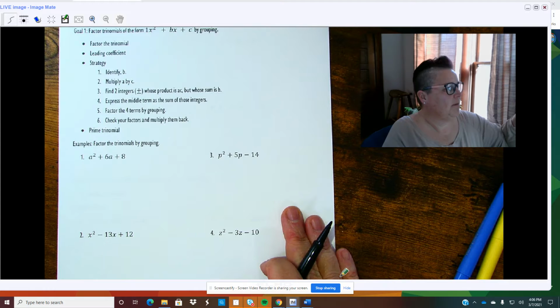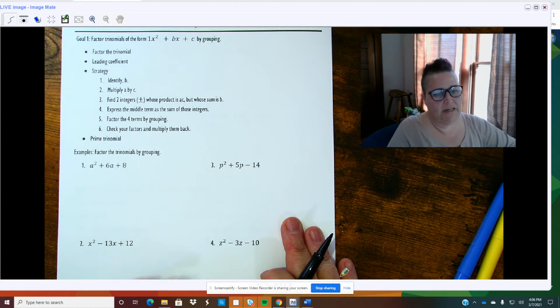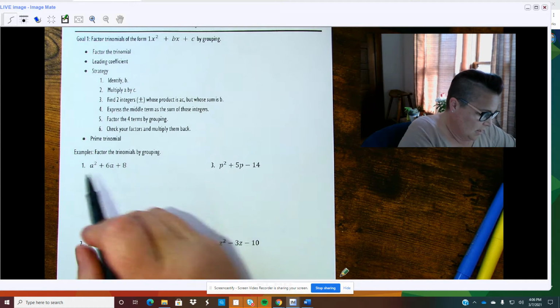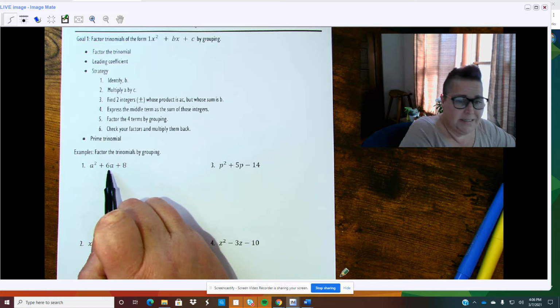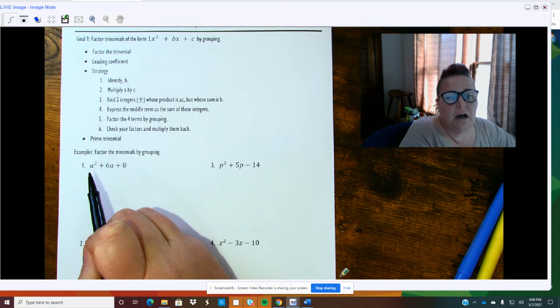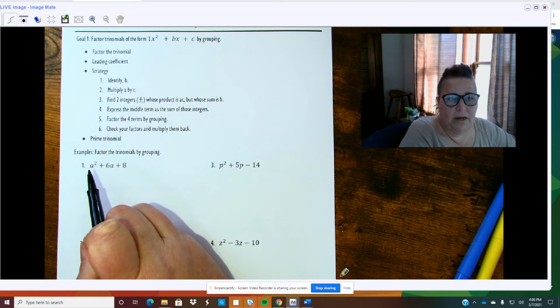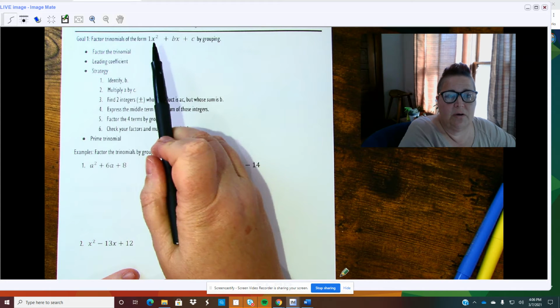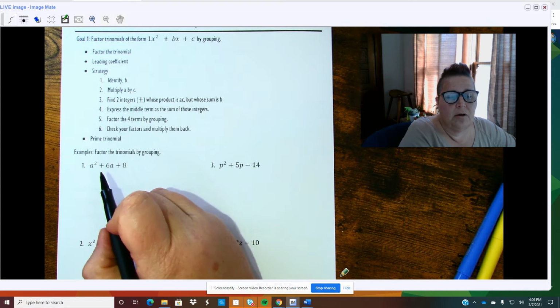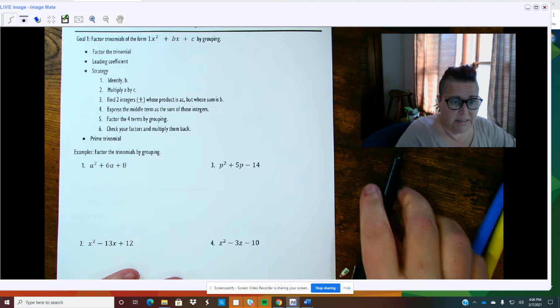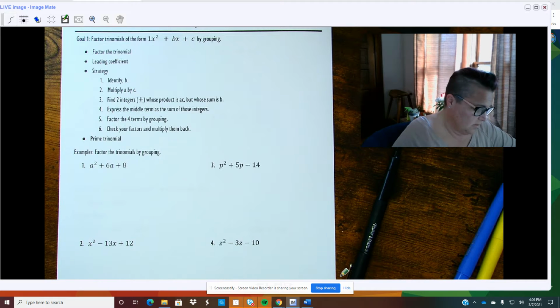Let's try it with problem number 1, remembering our strategy. We have a squared plus 6a plus 8. Our a is a 1a squared, so we do meet the leading coefficient of 1. Our b value is the 6, and our c value is 8.